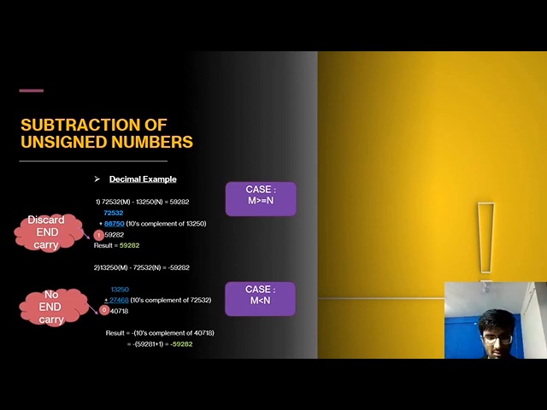Whenever m is less than n, after we add m to the r's complement of n, that is not the final result. The final result is the negative of the r's complement of that result. So we get minus 5928.